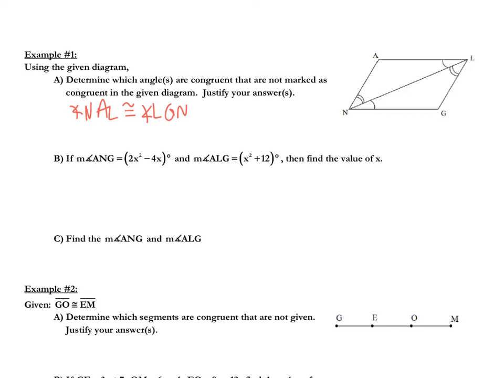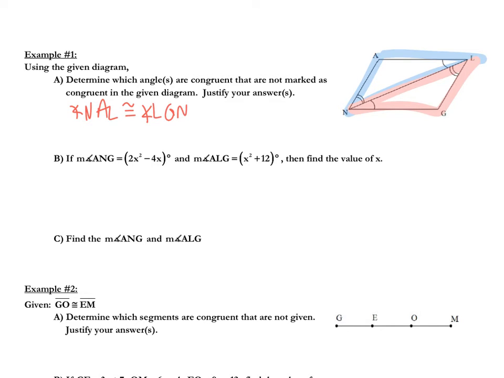We have a triangle here and a triangle here. So if two of the angles of a triangle are congruent, then it follows that the third must also be congruent. Okay? And you can kind of write that out in your own words.